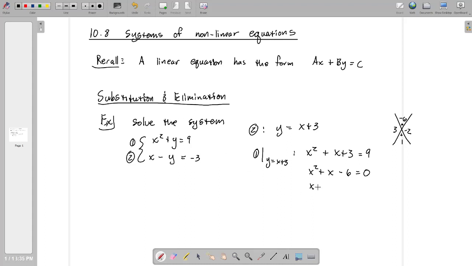So this factors into x plus 3 times x minus 2 is equal to 0. And we can go straight to the end because we have a 1 as a leading coefficient here. So then we have x is equal to 2 and x is equal to -3.